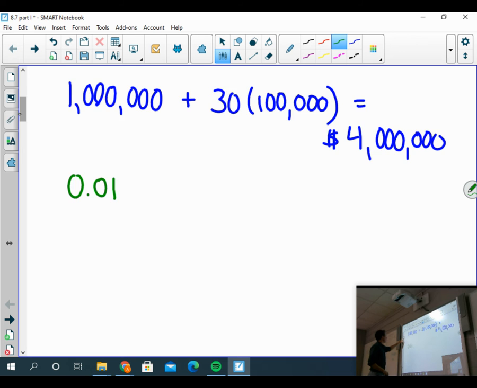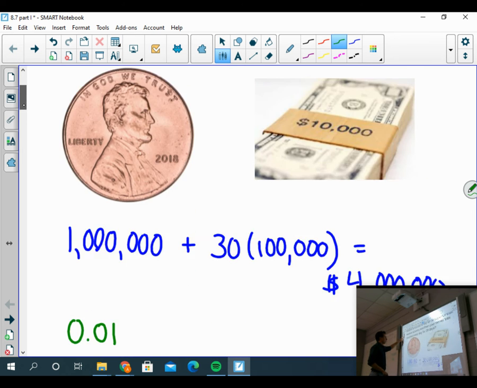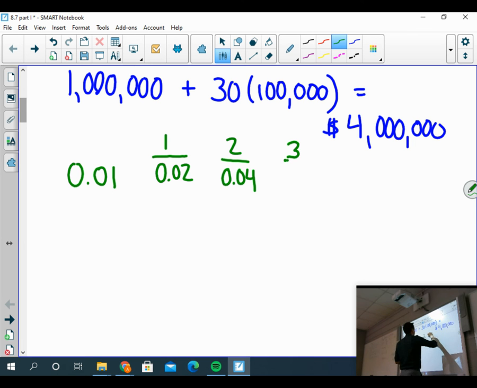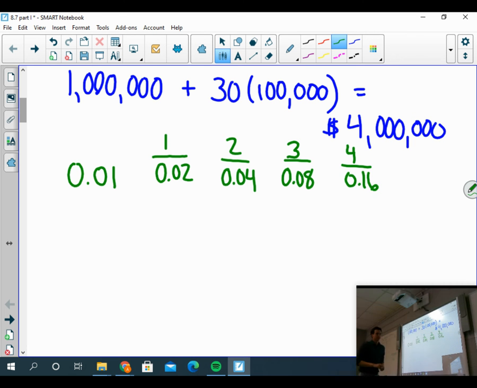And then for 30 days, your money total gets doubled. At the end of day one, my money total gets doubled. So I now have, instead of 1 penny, 2 pennies. At the end of day two, I would have 4 pennies. At the end of day three, 8 pennies. At the end of day four, 16 pennies.